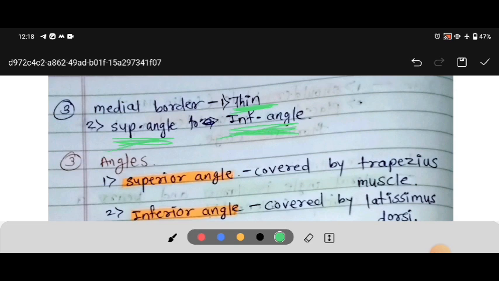You know the superior angle is medial, and the lateral angle is the glenoid angle.